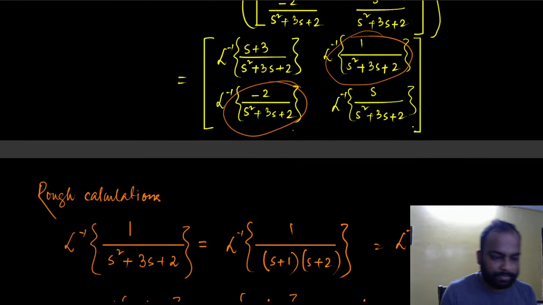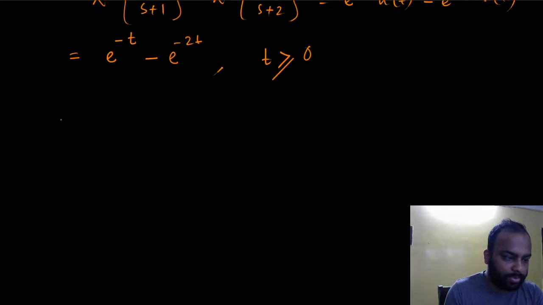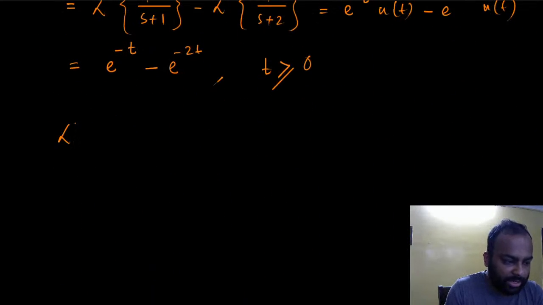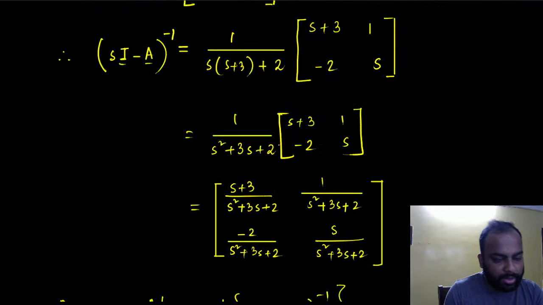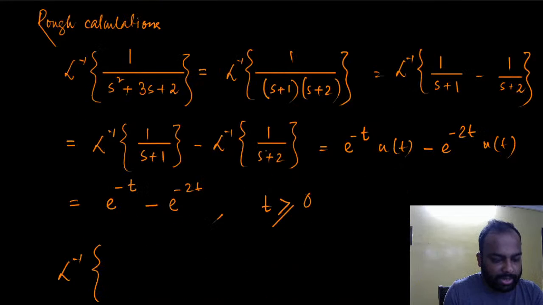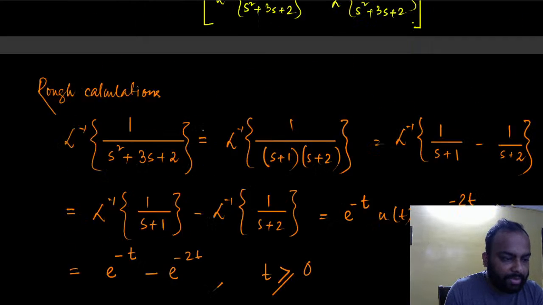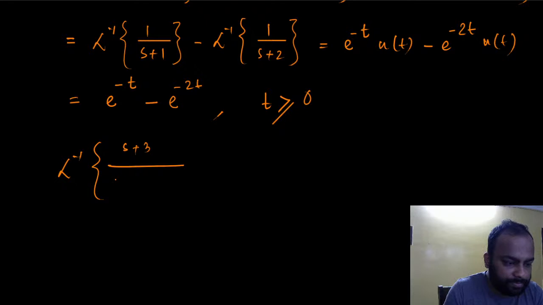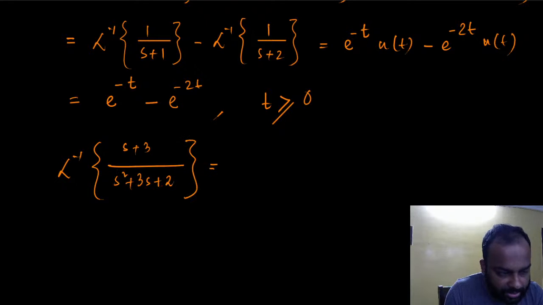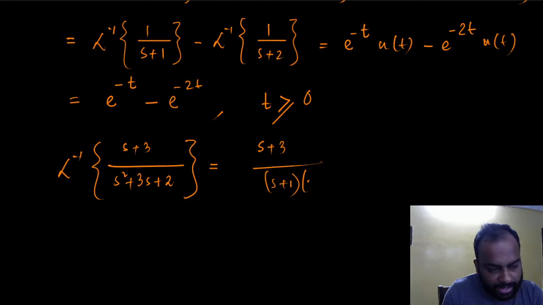What about the other two? The other two are, so we are looking for the inverse Laplace transform of s plus 3 divided by s square plus 3s plus 2, and that is s plus 3 divided by s plus 1 times s plus 2.